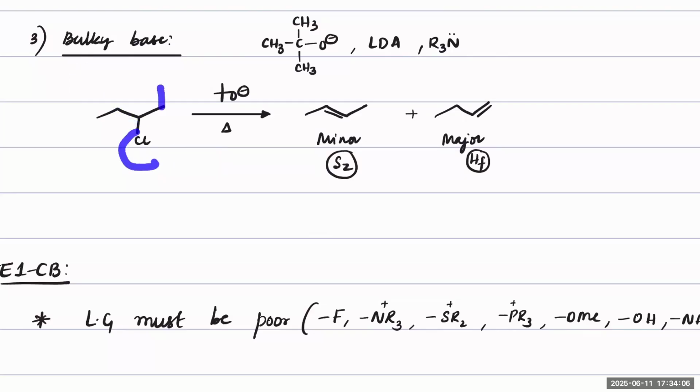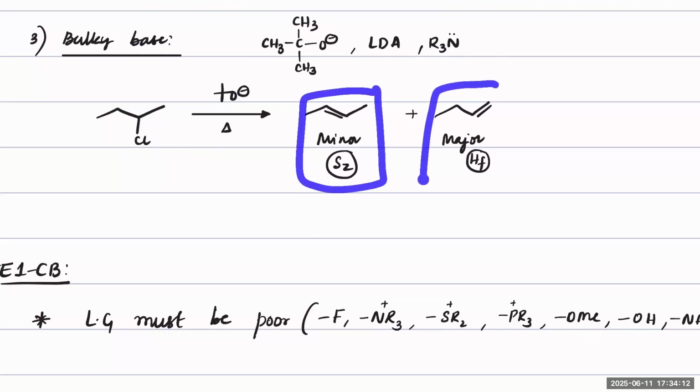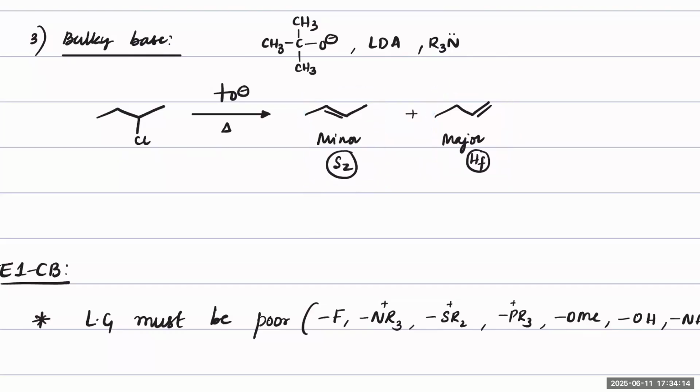Or remove chlorine and hydrogen from here, you will get a double bond on this side. So you would get this as minor, this as major. Again, same problem. For the bulky base it becomes very difficult to go all the way into this groove and extract the hydrogen. So it will always look for the least substituted position from where it can pull the hydrogen. So therefore, Hofmann will be the major product in this case.